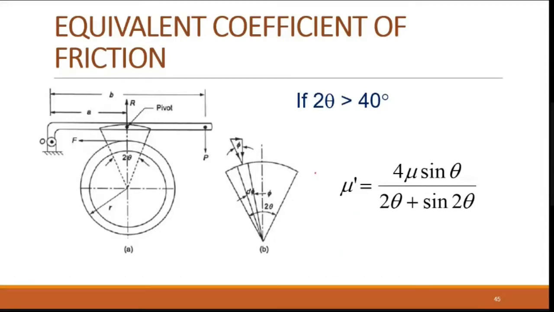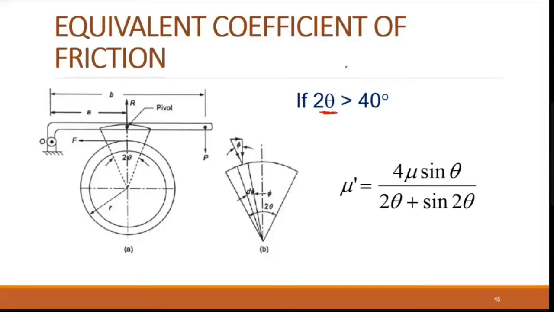There is a derivation, but I'm not concentrating on that. Go directly for the formula. The equivalent coefficient of friction, mu dash, is equal to 4 mu sin theta divided by 2 theta plus sin 2 theta. This is the formula you have to apply. For any brake problem, check your angle 2 theta.